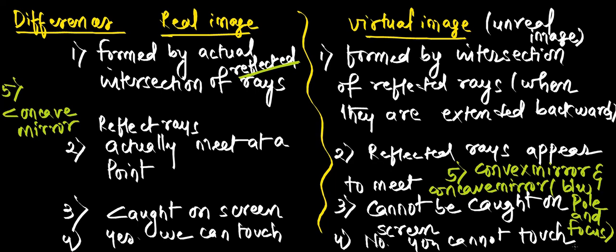You will study a bit later. But remember this condition: a convex mirror all the time forms a virtual image, and a concave mirror 90% forms a real image. In the 10% case, when the object is between pole and focus point, it will form a virtual image. Okay, is this point clear?